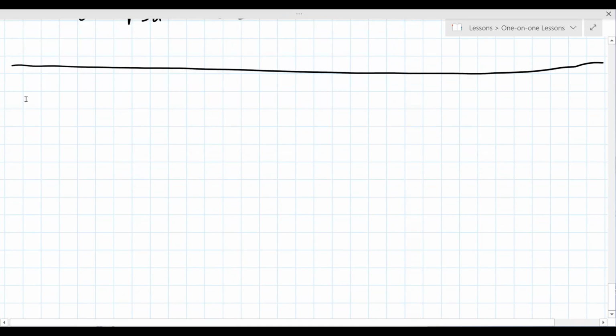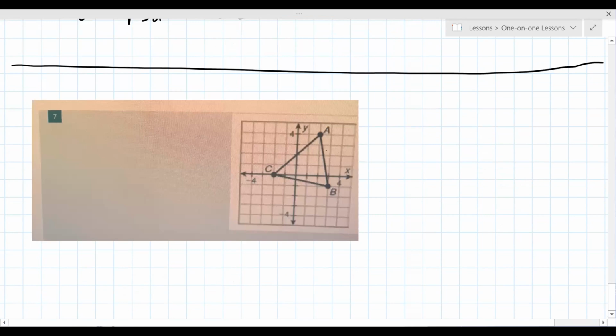So this one, AB is what we found first. That was the square root of 26. Then we did BC. It was also the square root of 26. And then AC was 4 square root 2. Okay, is that okay?